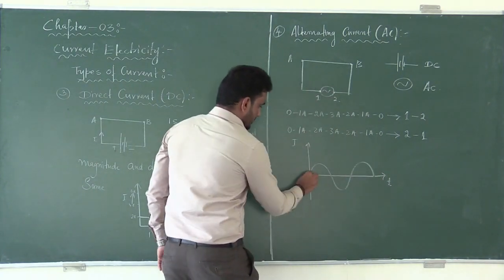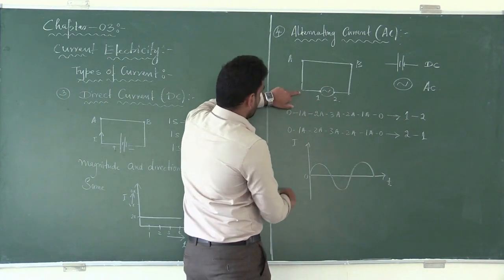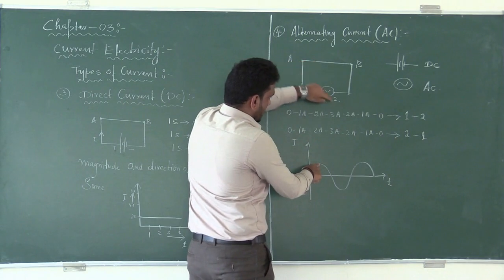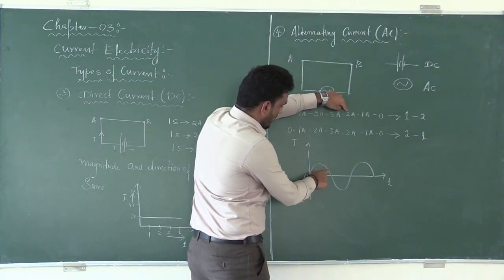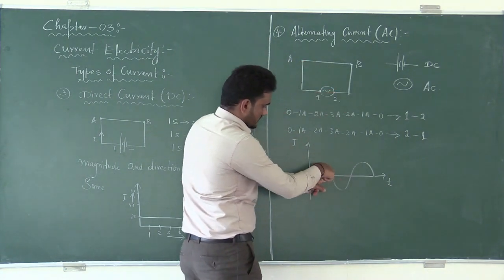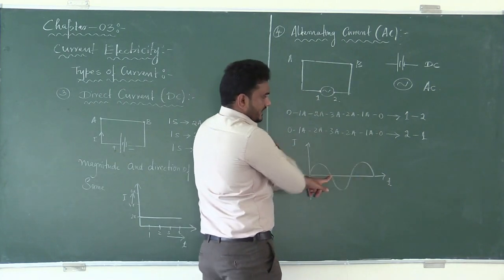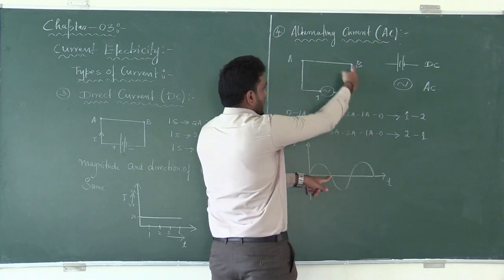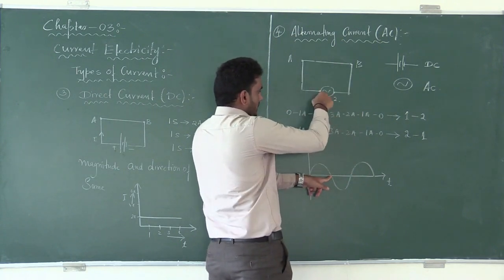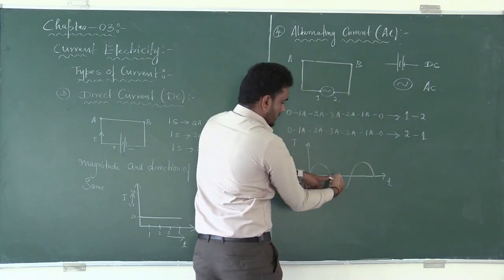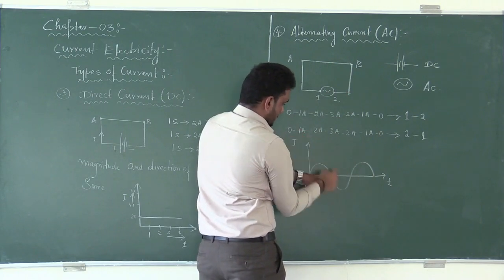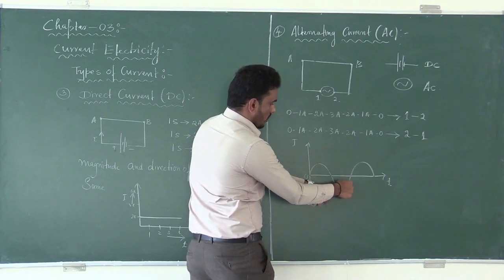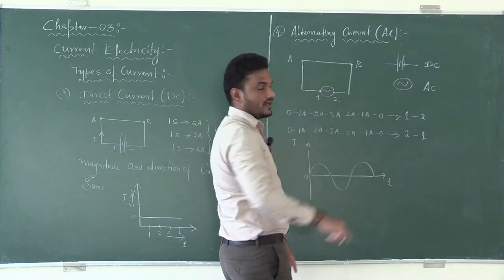Starting from 0, it reaches the maximum, which we consider 3 amps. Again it decreases, 2 amps, 1 amp, 0 during the first half of the cycle. During the second half of the cycle, it changes direction from end 2 to end 1, whereas the first was end 1 to end 2. It again increases, 1 amp, 2 amp, 3 amp, 2 amp, 1 amp, 0. So like this it alternates.